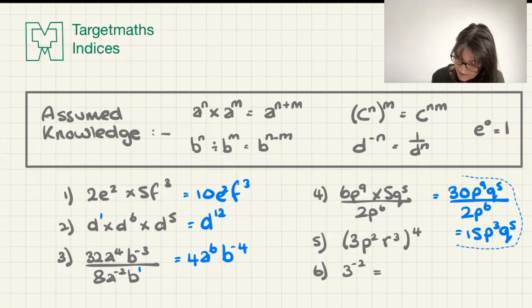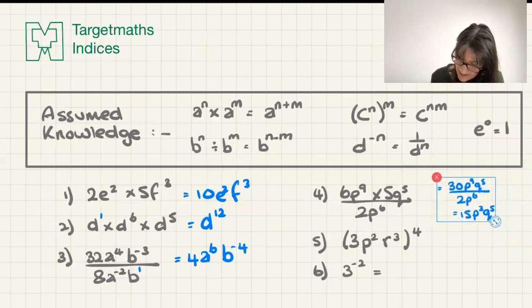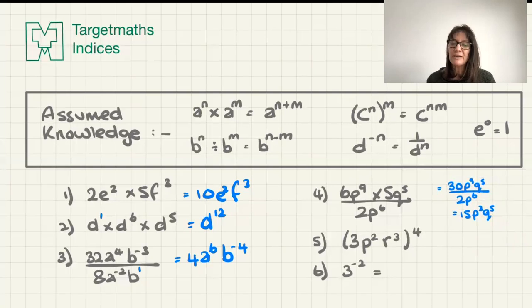Okay, so let's just make that a little bit smaller so it's not in the way. And then we look at this one. Now, a really common error happens with this. Generally, students are really good with the letter work, with the algebra work, but they forget what goes on here.